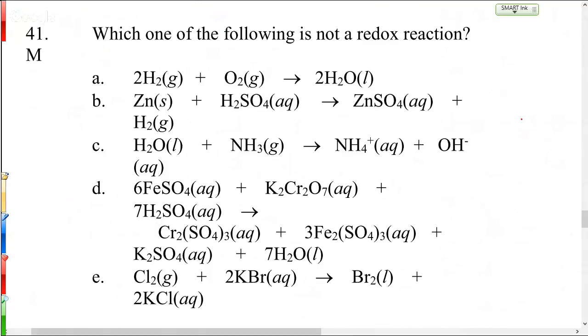This is a little tough because there's a lot of stuff going on here. Which ones can we eliminate right away? Which ones of these are definitely redox reactions? How do you know?